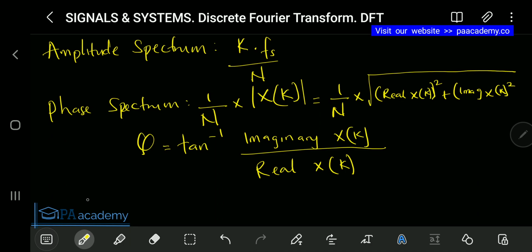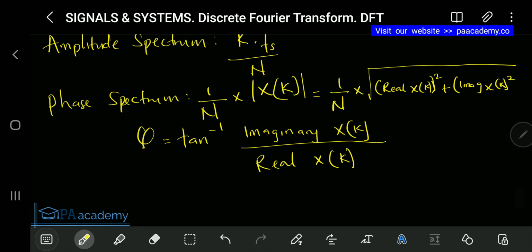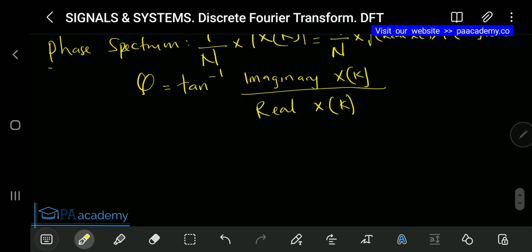Now for the third one, which is the power spectrum.